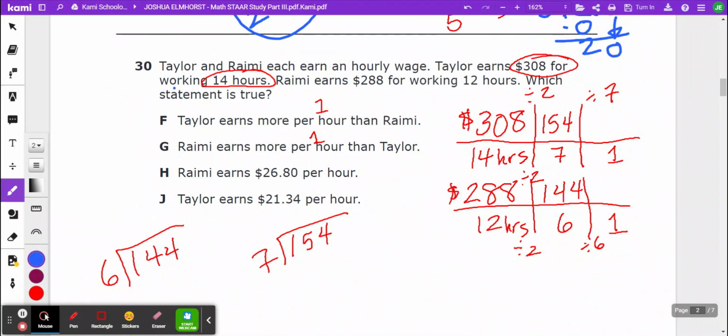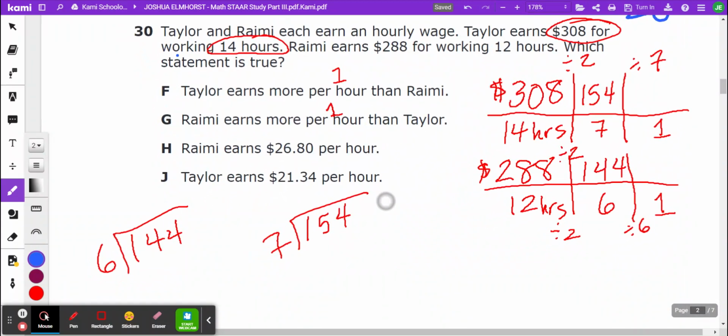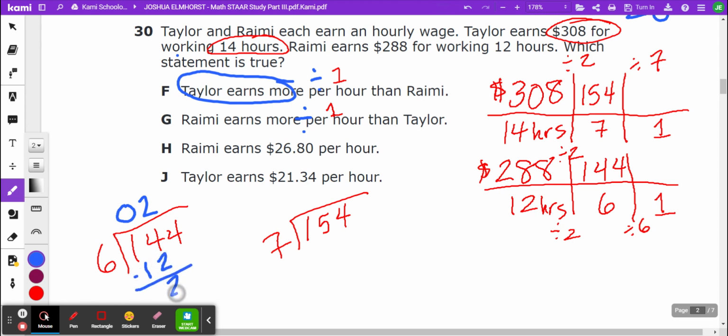Okay. Taylor and Raimi are each earning an hourly wage. So it says Taylor earns more money. Well, per hour means you're going to divide by the hours. So we have 6 goes in here. 6 goes into 14, 2 times. 6 times 2 is 12. And then 6 goes into 24 4 times.